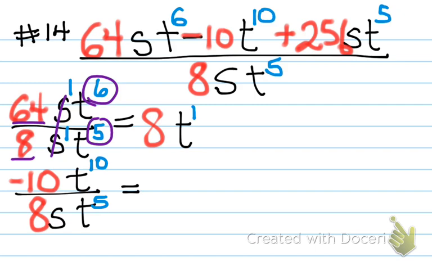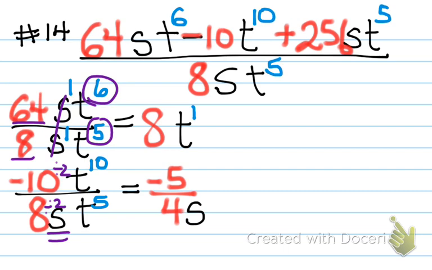We know that 2 can go into both, and so negative 10 divided by 2 is negative 5 over 8 divided by 2 is 4. Since there's no s's on the top, we must keep the s the same. The s was on the bottom, so therefore it must stay on the bottom. And so we just write the s on the bottom.